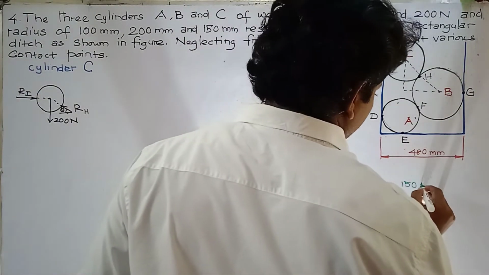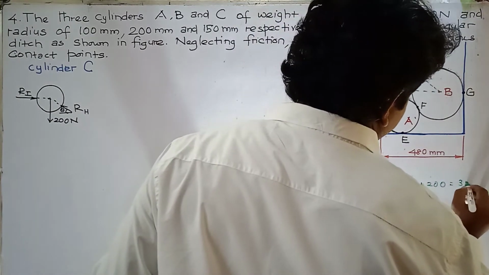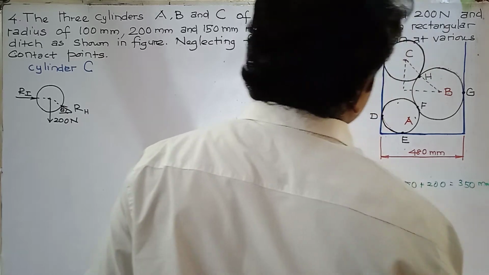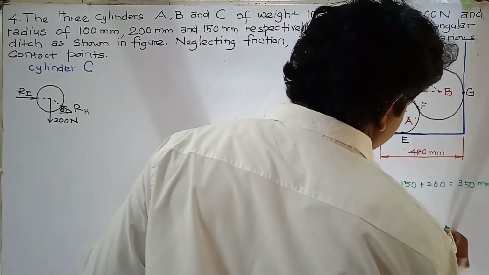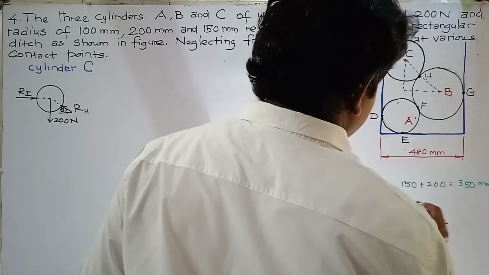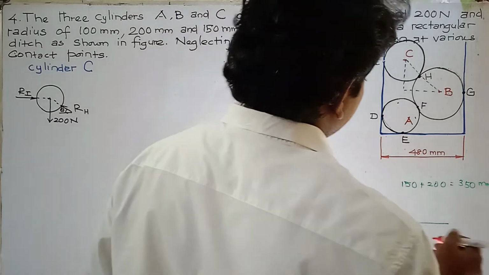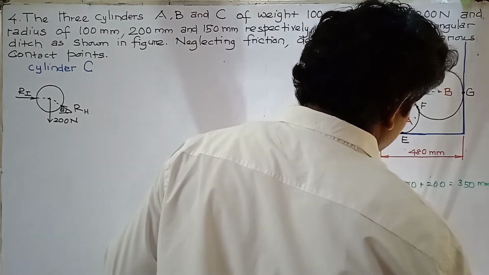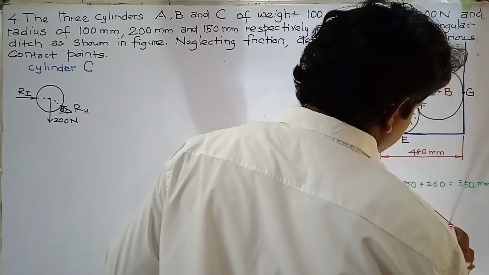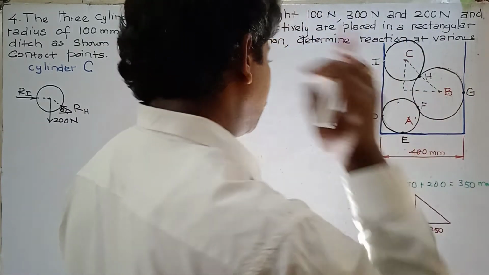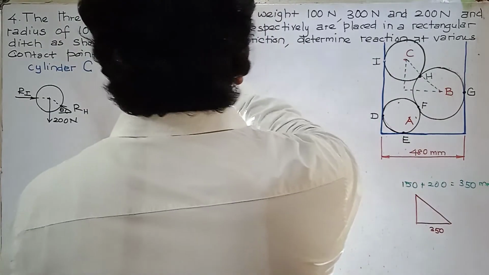So 150 plus 200 equals 350. This distance is 350, and the hypotenuse is 350, made of the two radii.